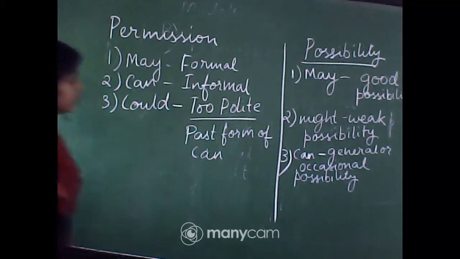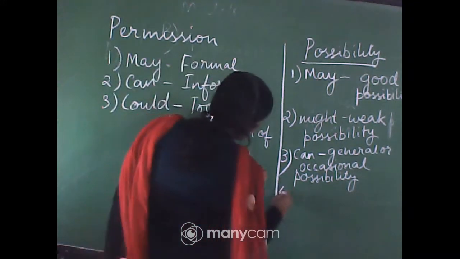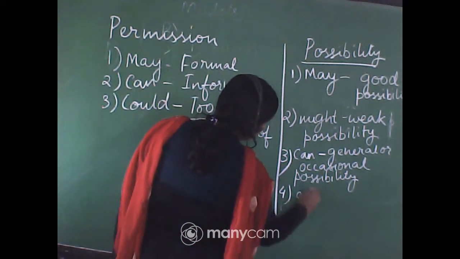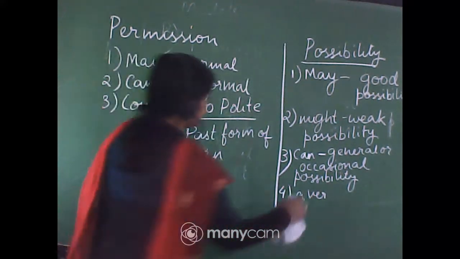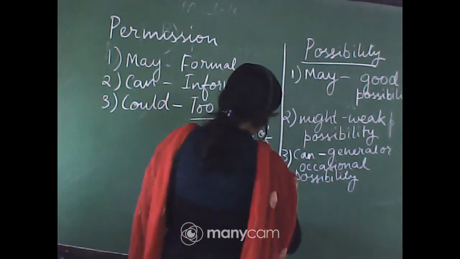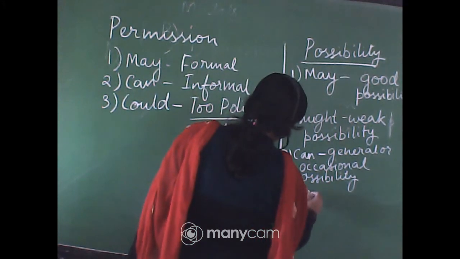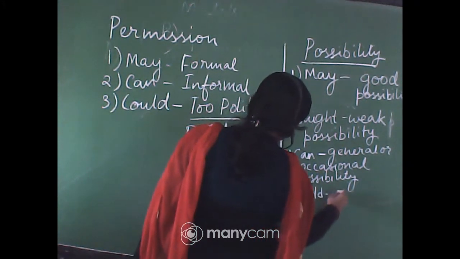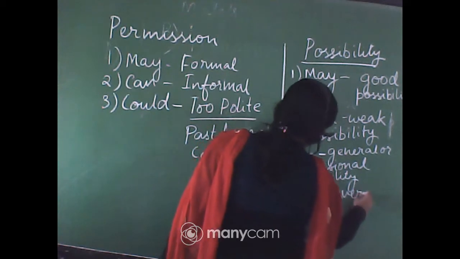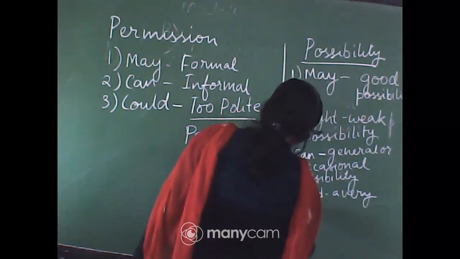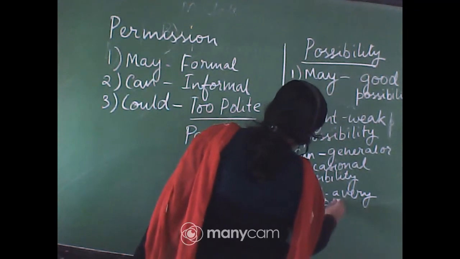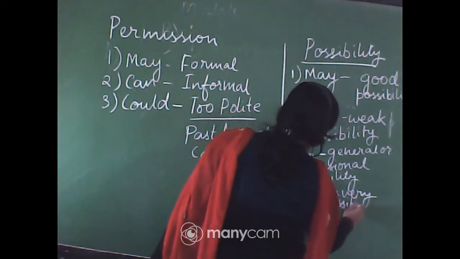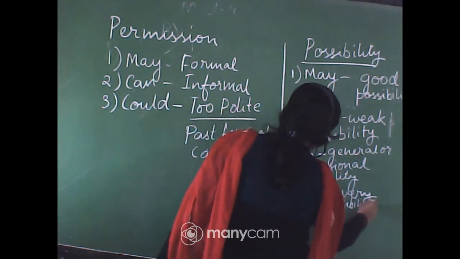Next come to could. Could suggests a very weak possibility. A very weak possibility is suggested using could.